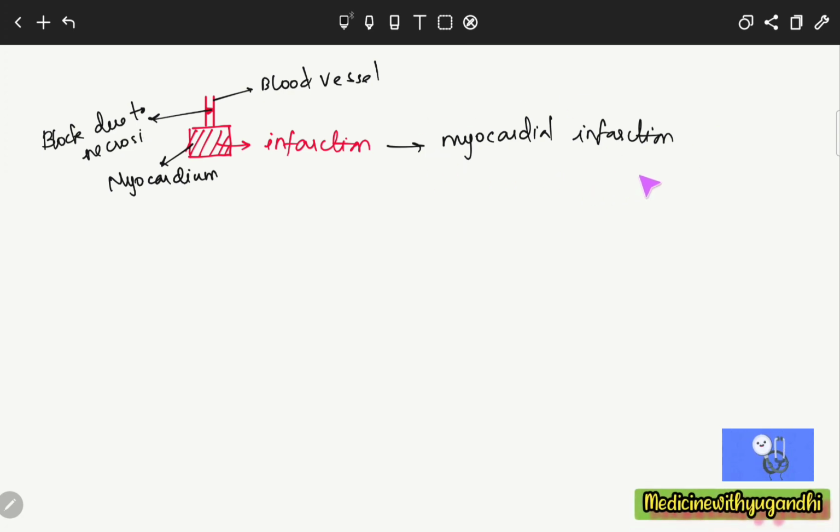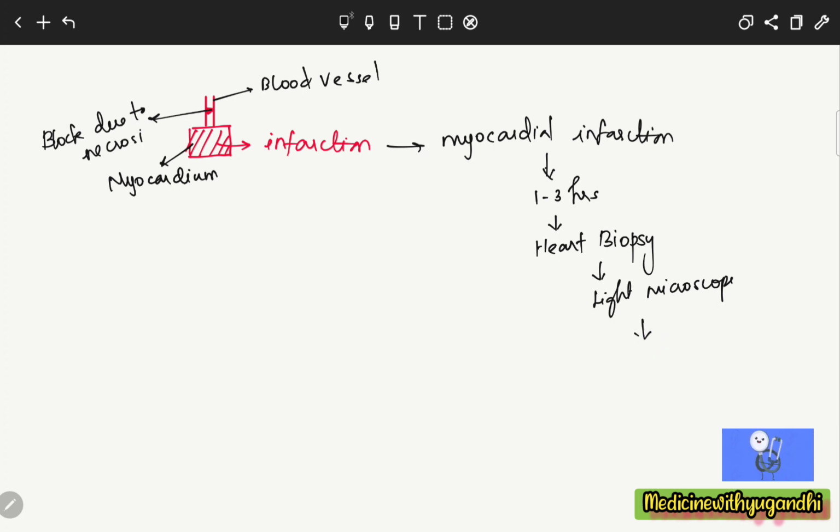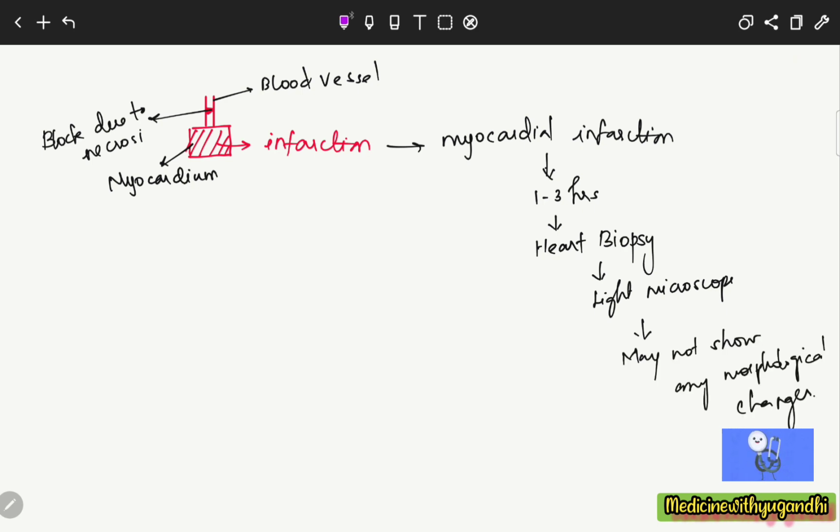After the onset of myocardial infarction, if a person dies within 1 to 3 hours, and if a heart biopsy is done and the tissue is observed under the light microscope, it may not show any changes at all. That is, it may not show any morphological changes, because a cell which has undergone necrosis takes at least 4 to 12 hours to show any morphological changes.